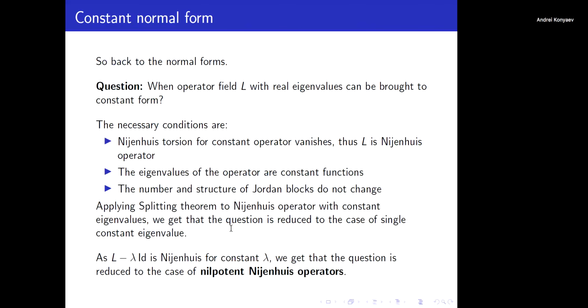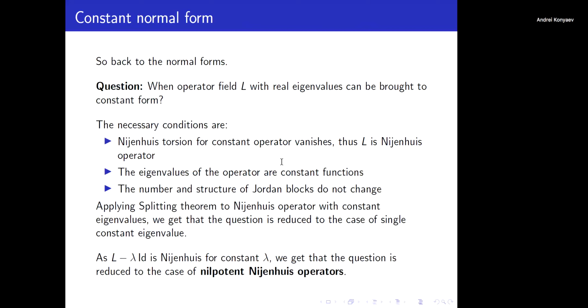This formula should help you remember the original formula for the Nijenhuis torsion. So we see that the Nijenhuis torsion of a constant operator vanishes. It means that the vanishing of the Nijenhuis torsion is a necessary condition.